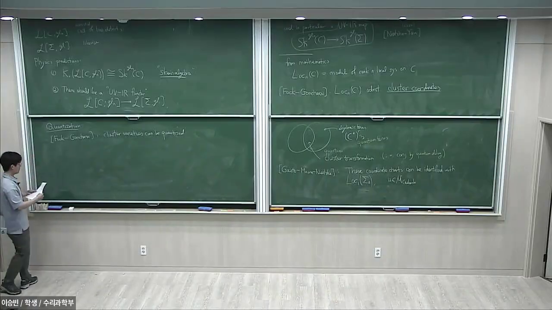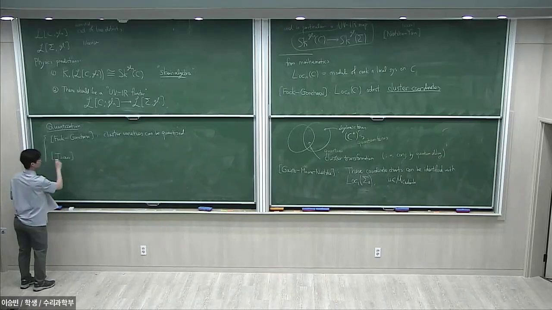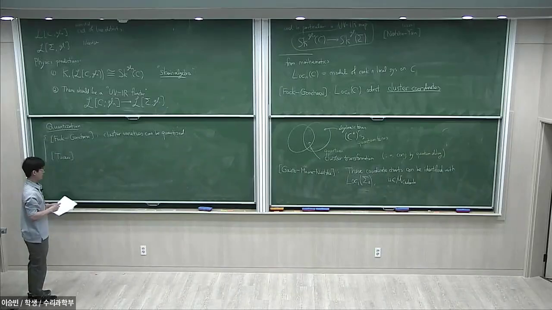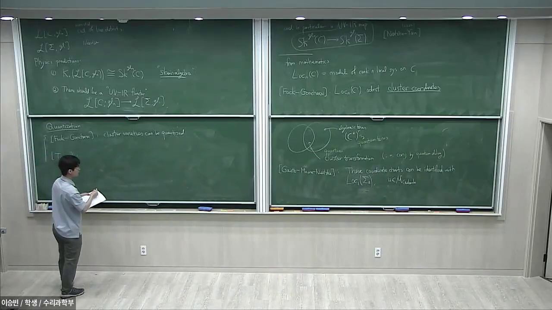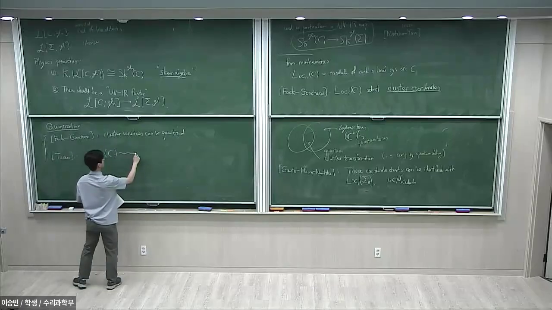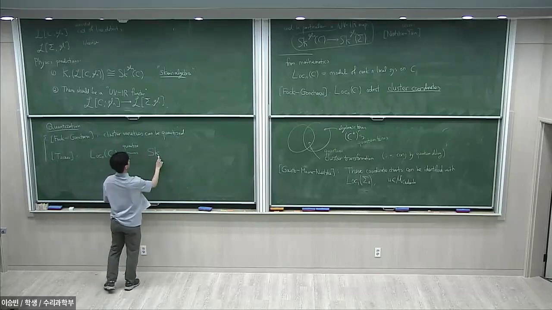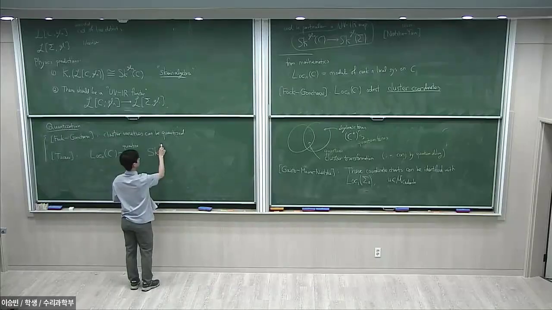On the other hand, there is another quantization, which, as shown by Turaev, any moduli of local systems can be quantized to the skein algebra, the exact same skein algebra that I was talking about earlier.